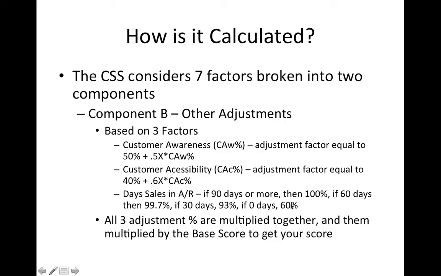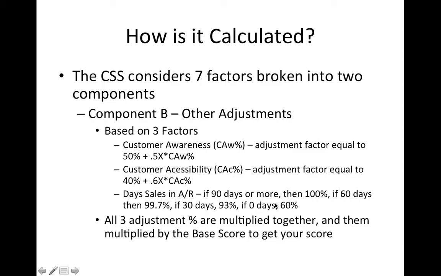Now that's just the beginning. Then CapSim takes each of those 3 percentages and multiplies them all together. And so you could be really good on one of these, but if you're bad on one of the other ones, then it takes everything down. And that becomes the single factor that you multiply by your base score. So again, let's say we had a great base score, maybe 80 points, I don't know.